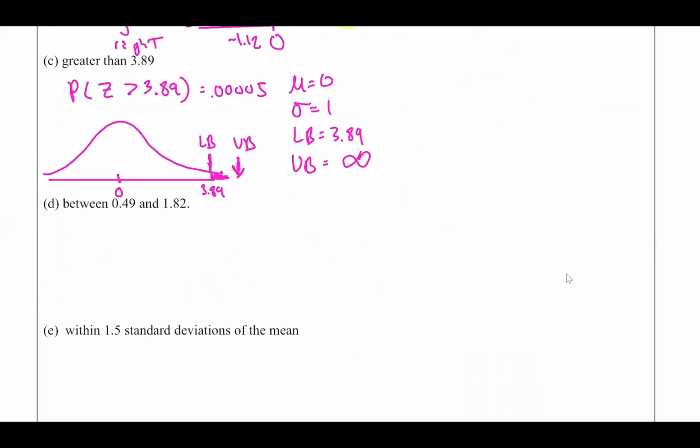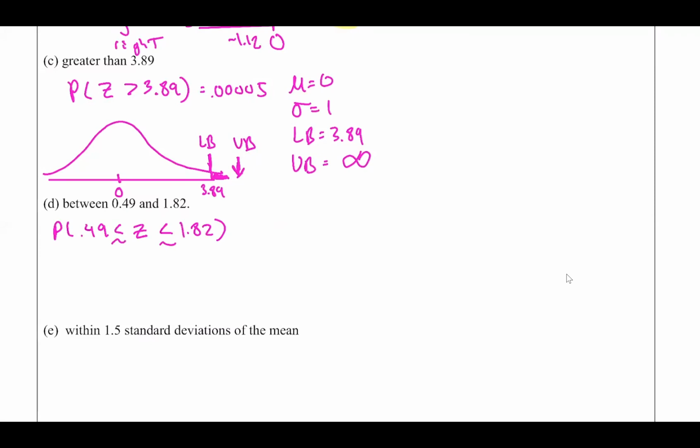All right, so part D says between 0.49 and 1.82. Whenever it says between, you want to write it like this: 0.49 is less than Z, which is less than 1.82. That's how you say in between using the inequality. You put the two numbers, and then you put less than and less than.